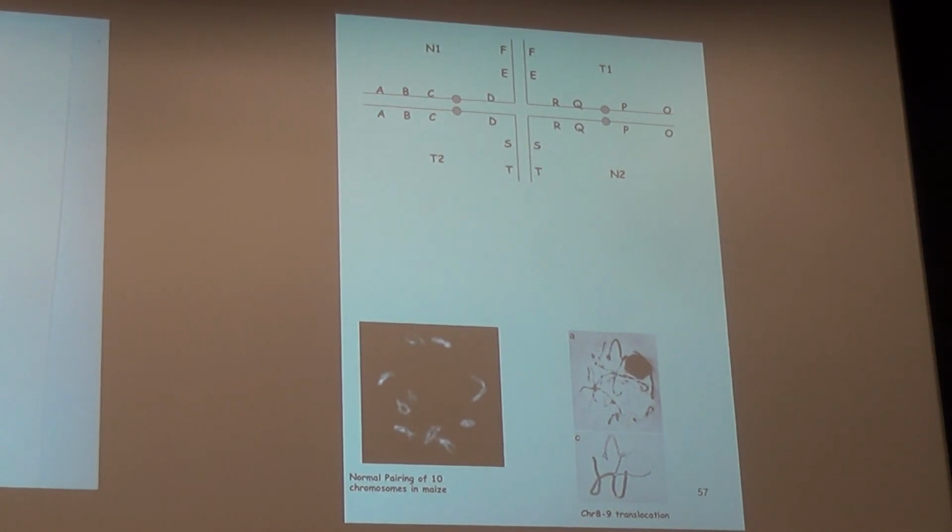Because of that, the ratios of these three different possibilities are not exactly one third each. But theoretically, you have three different ways in which you produce the gametes, and in only one of those three ways you will get normal gametes. The other two out of the three ways, you get totally abnormal gametes. You lost a huge amount of genetic material, or you duplicated a huge amount of genetic material.